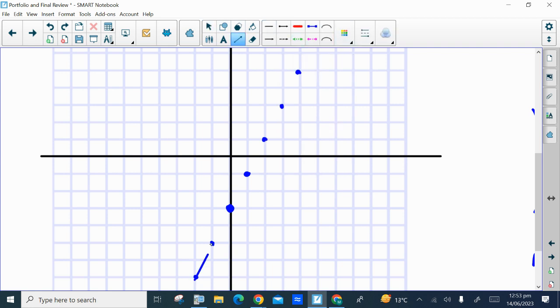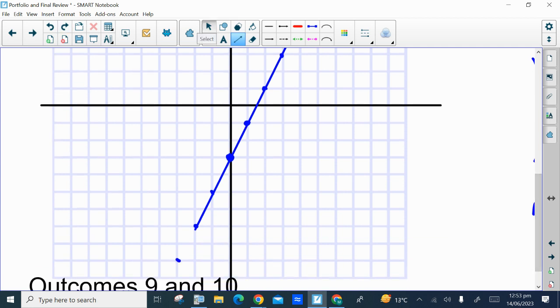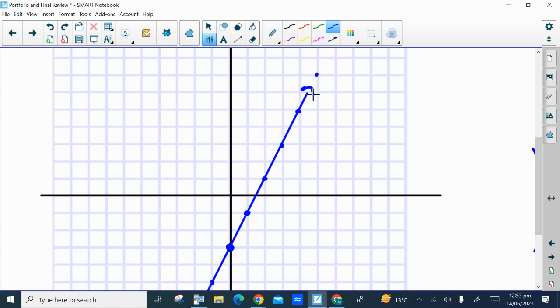It's going to go through all those points. And we put arrows on the end to show that it continues on in that direction forever. So we graphed it using the slope and the y-intercept.